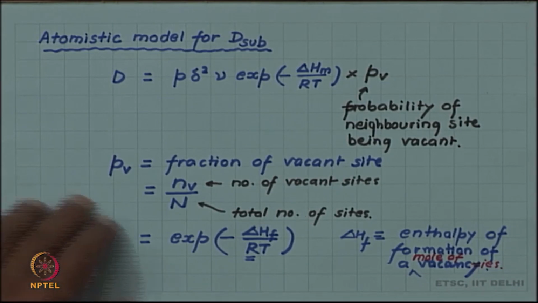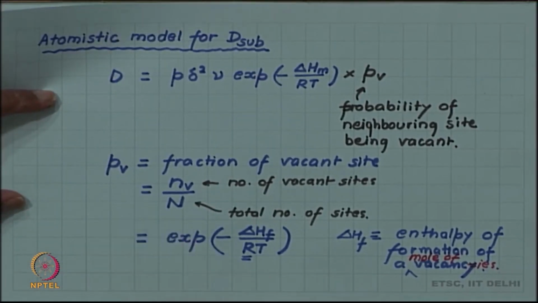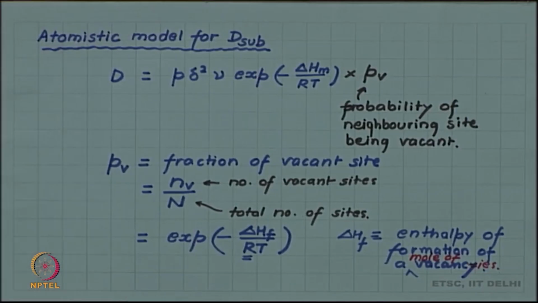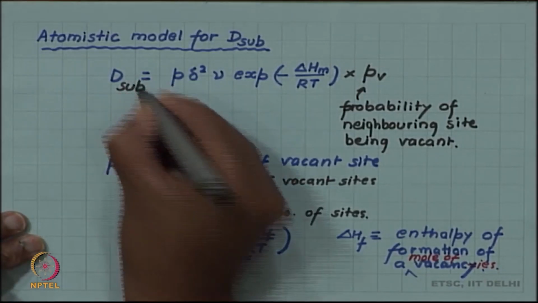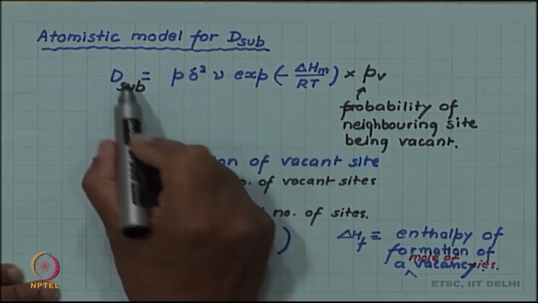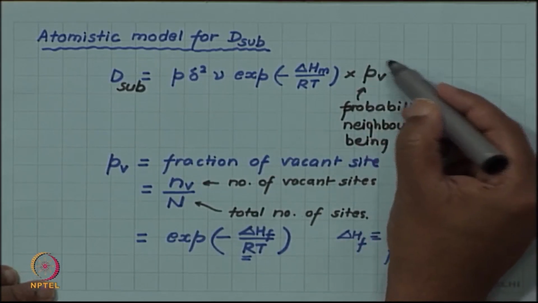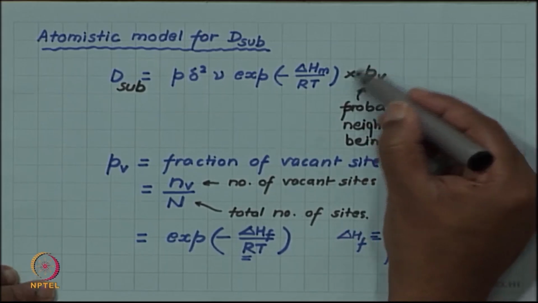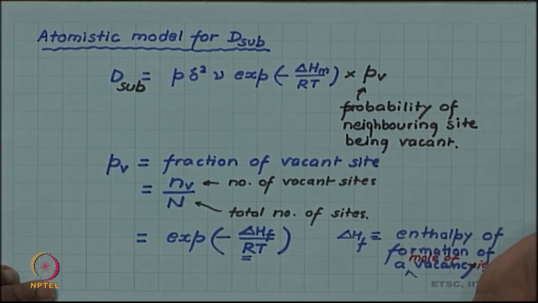So, we have this probability. Now if we want to make our expression for substitutional diffusion, I write it for D sub. In interstitial diffusion, this probability factor can also be assumed to be present, but it was close to 1, so we did not write it explicitly.